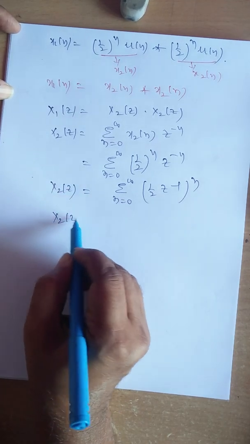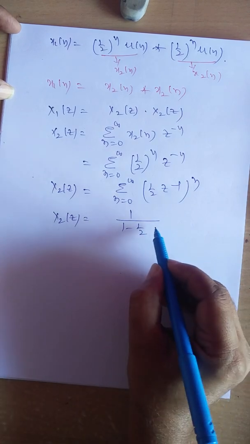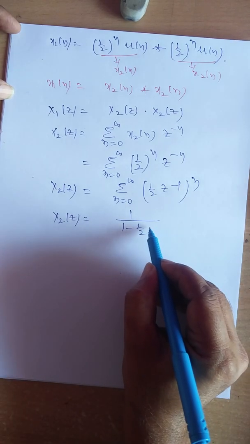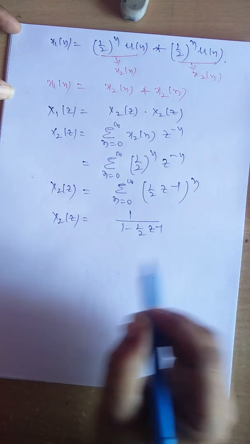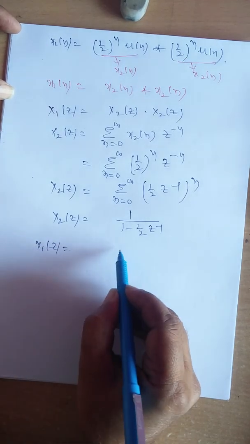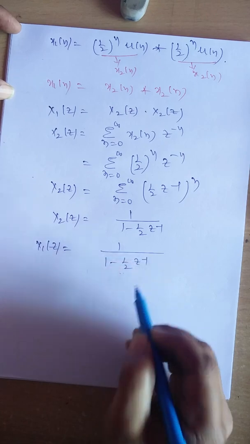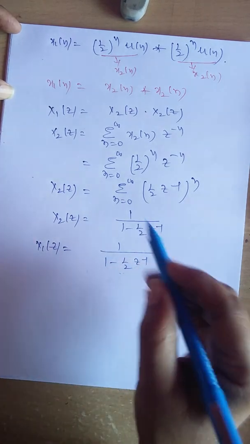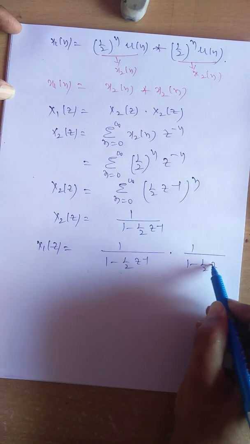Then x2 of z is equal to 1 divided by 1 minus 1/2 z inverse. Now what is x1 of z? x1 of z is 1 divided by 1 minus 1/2 z inverse, into the same signal, 1 divided by 1 minus 1/2 z inverse.